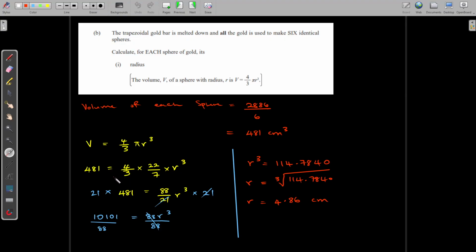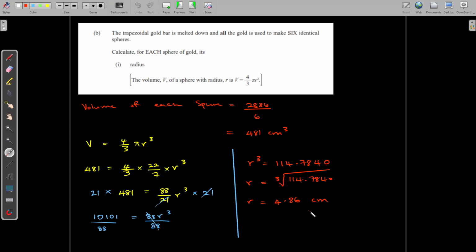After some cross multiplying, we multiplied 4 times 22, 3 times 7 to get this 88/21. Then we multiply both sides by 21 because we're trying to get r by itself, ending up with 88r cubed. So to get r by itself, we still have to divide by 88. So r cubed is equal to this. Then we take the cube root. After taking the cube root, this would be your result. So the radius of each sphere is 4.86 centimeter.